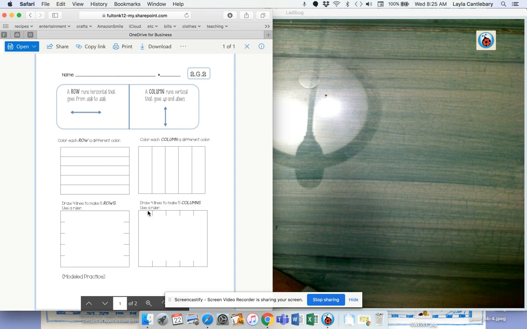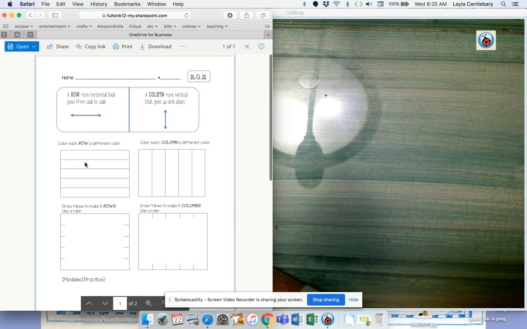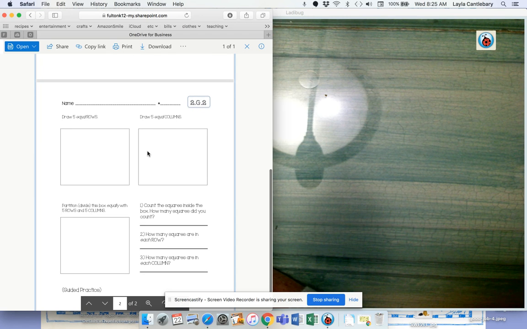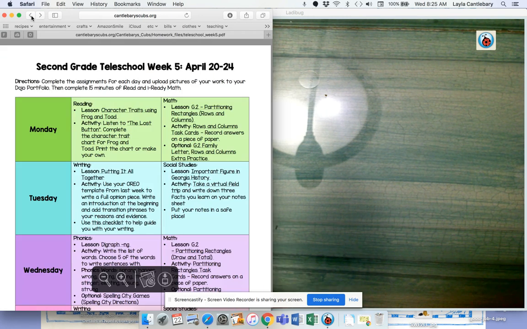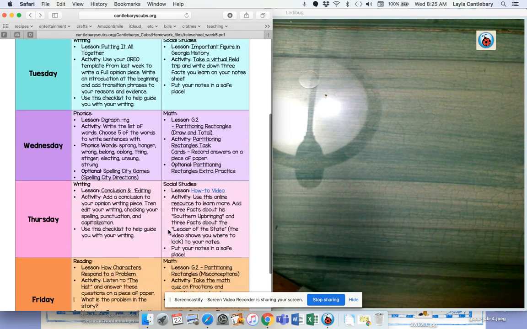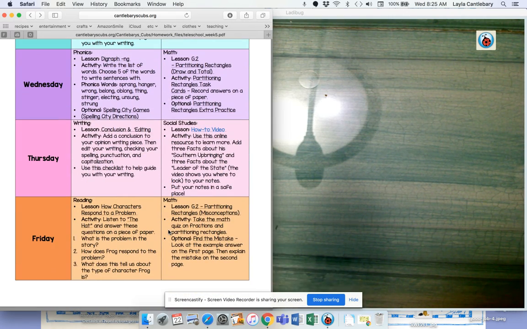Okay? This one is kind of neat because it has like a starting point. If you have a printer, this one has starting points. So it kind of is able to guide you through it a little bit better. This is, I think, a tricky thing to learn about, to be able to do, that really has not a lot to do with actual, it is actual math, but a lot of it has to do with spatial awareness.